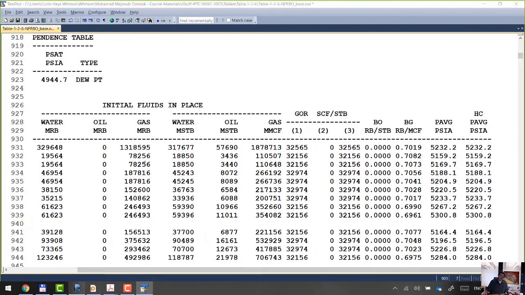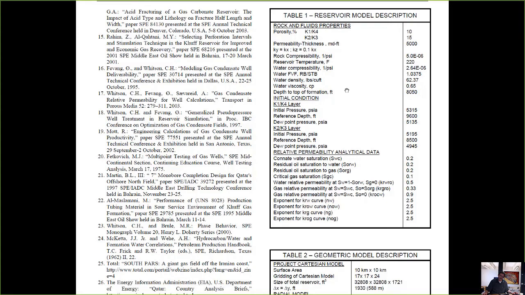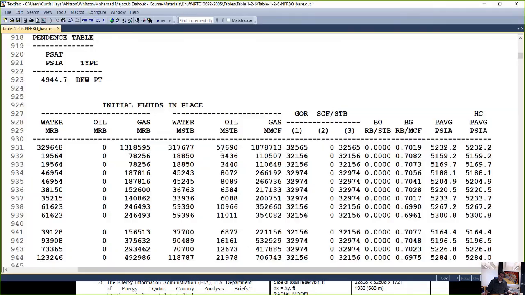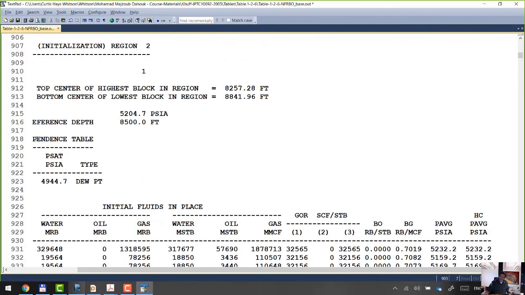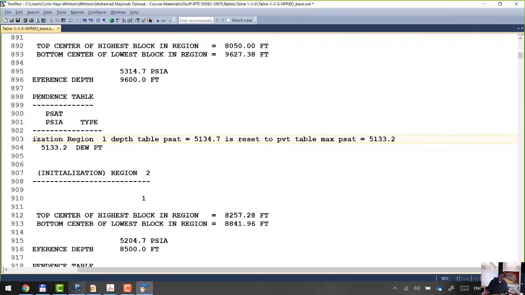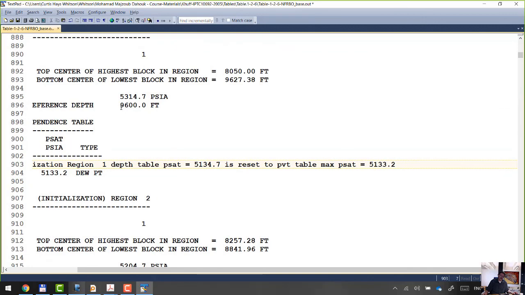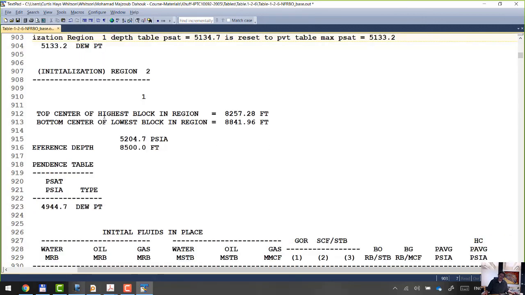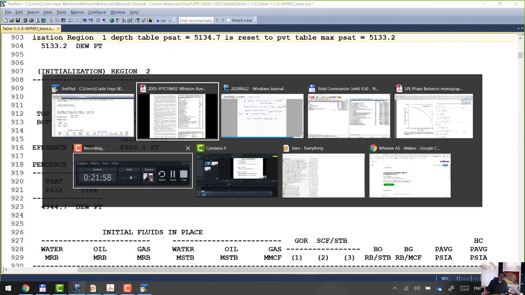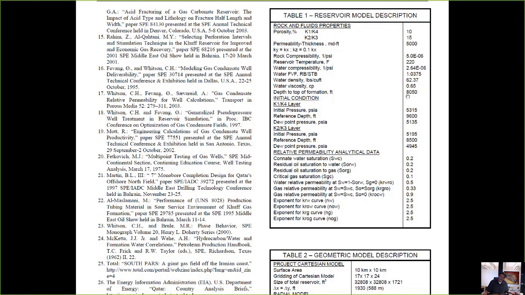Okay, maybe the 5315 is at a different reference depth. Yeah, that's probably what it is. The reference depth is 9600, whereas these are, yeah, the K1, K4, it's much shallower, so it's a lower pressure than this.